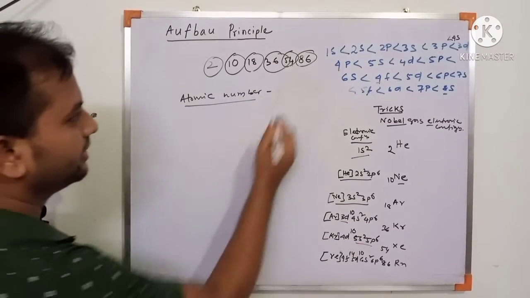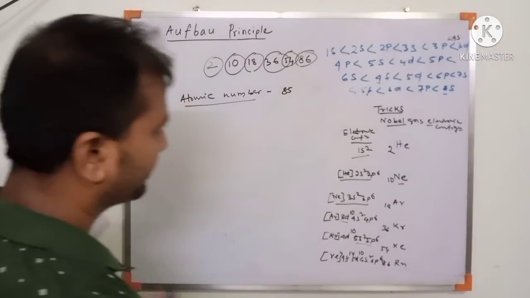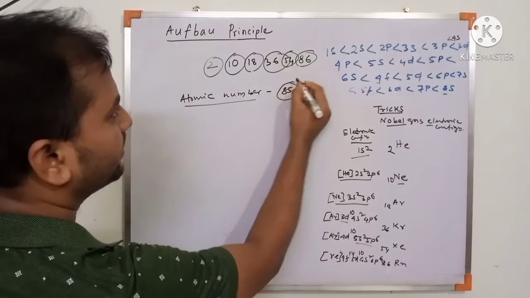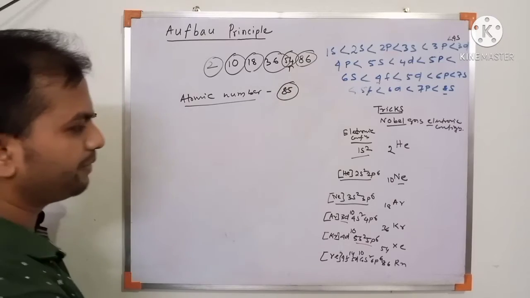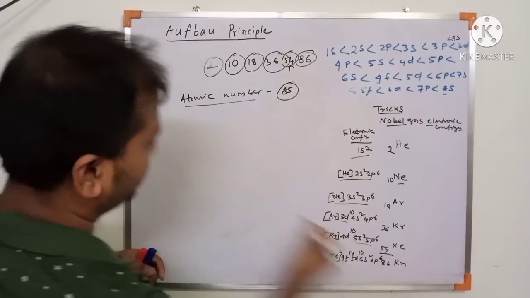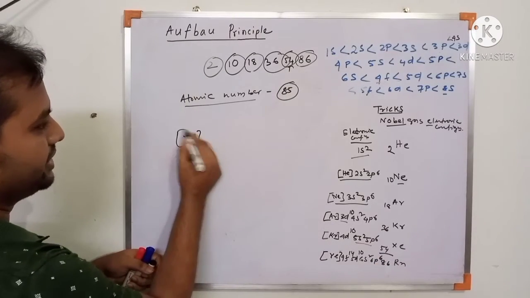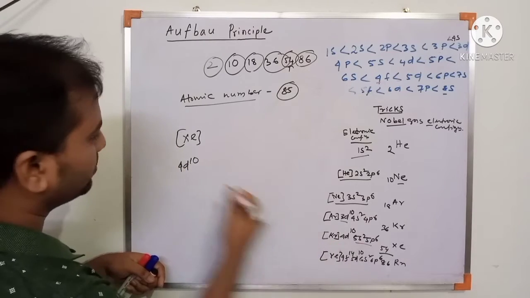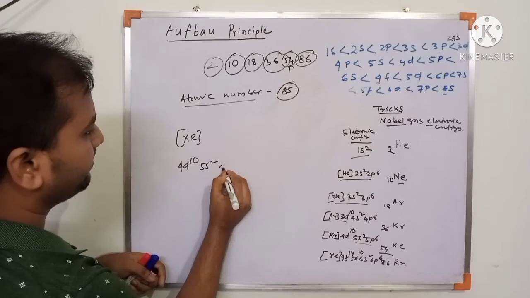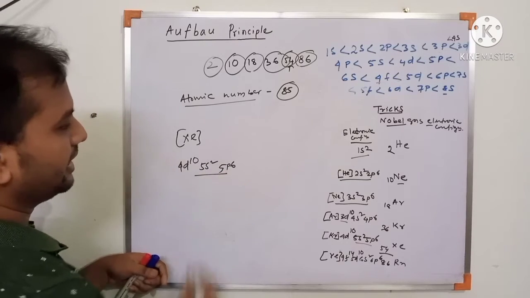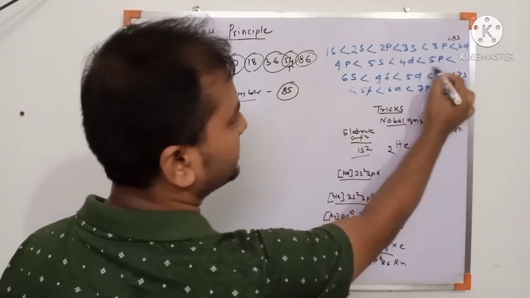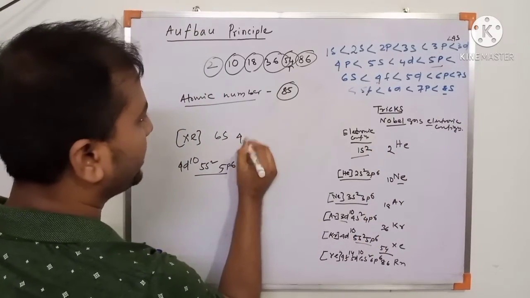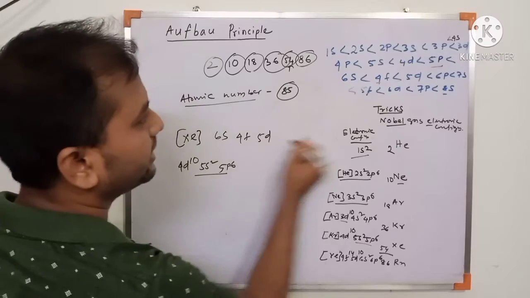Atomic number 85: calculate the electronic configuration. Before 85 the noble gas is xenon, atomic number 54. Xenon's configuration has 4d10, 5s2 and 5p6, and the remaining orbitals are 6s, 4f, 5d and 6p.